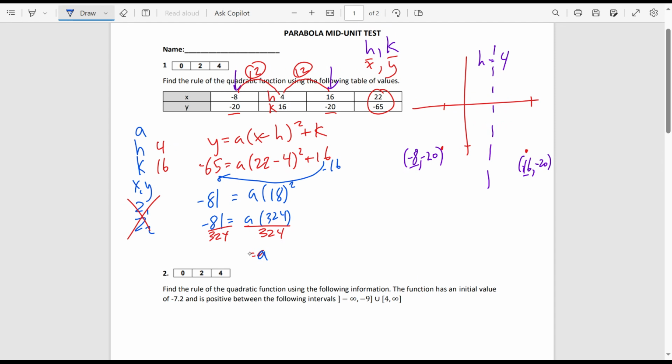And so my a value would be negative 0.25. Always make sure you double check that. I knew that this guy faced downward just based on the points that I had. So mentally, I was trying to validate my answer there. And that's how I knew to go back and double check that guy. At the end of this, that is the final answer I was looking for right there.